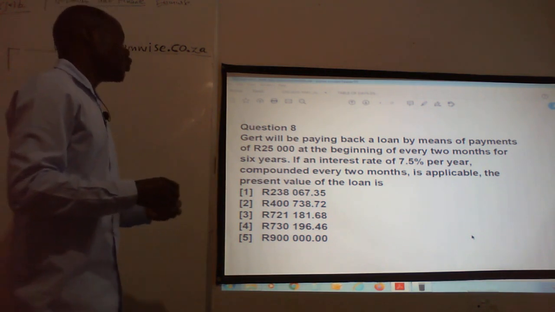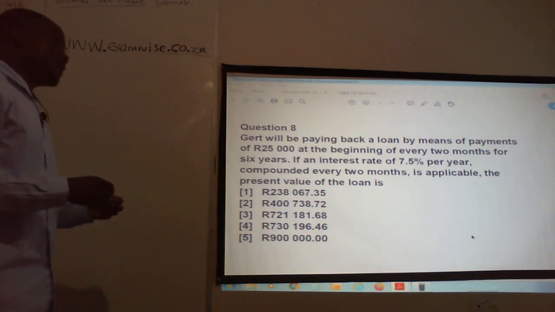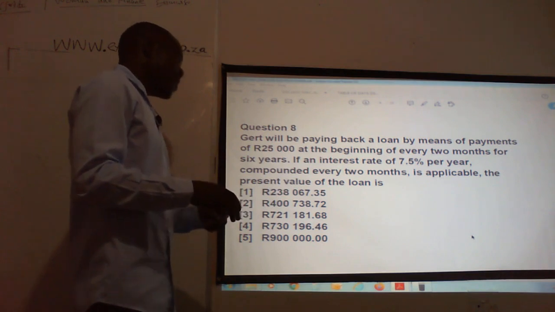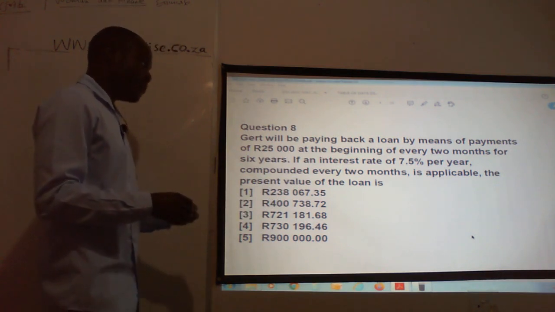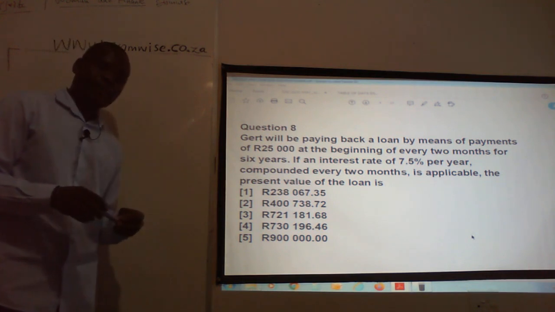If an interest rate of 7.5% per year compounded every 2 months is applicable, the present value of the loan is.